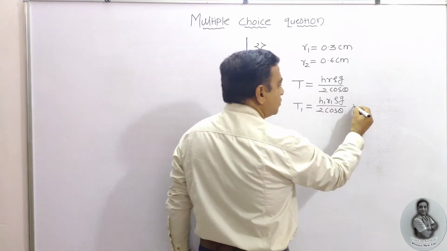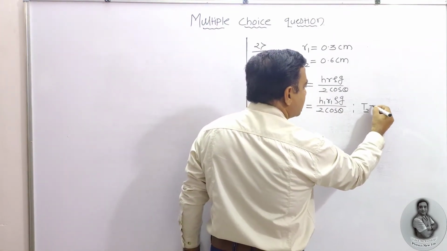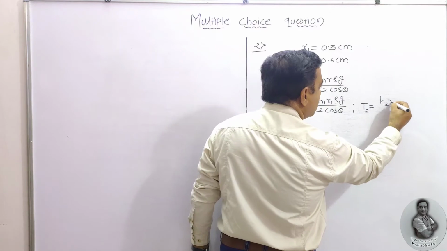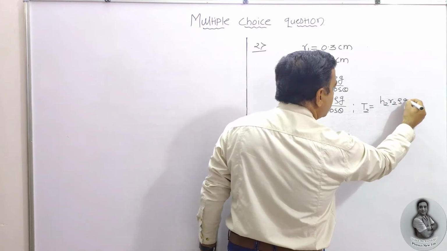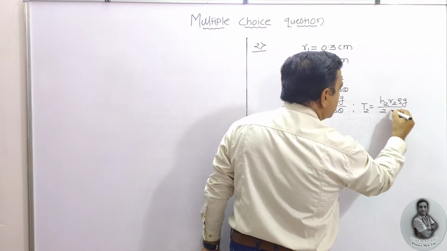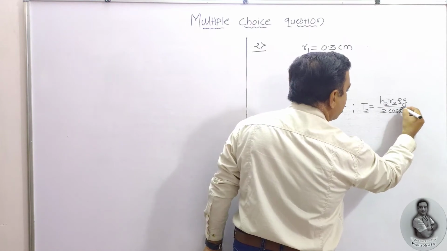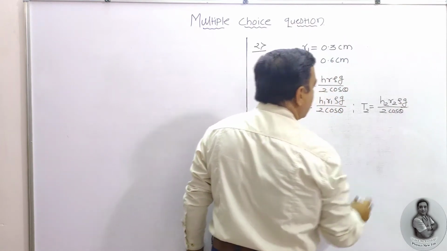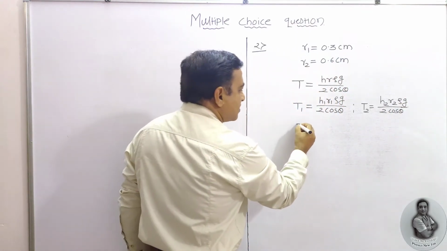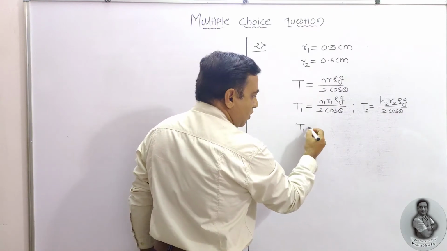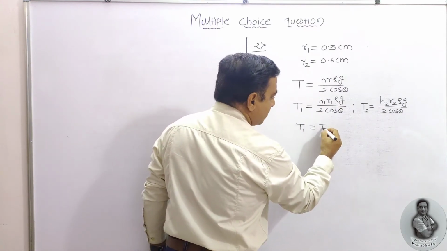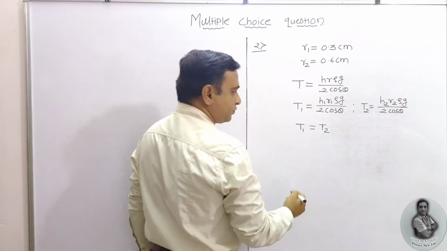So what about T2? T2 is equal to h2 r2 rho g upon 2 cos theta. As the angle, rho and g are the same, the surface tensions are also the same. So T1 is equal to T2.